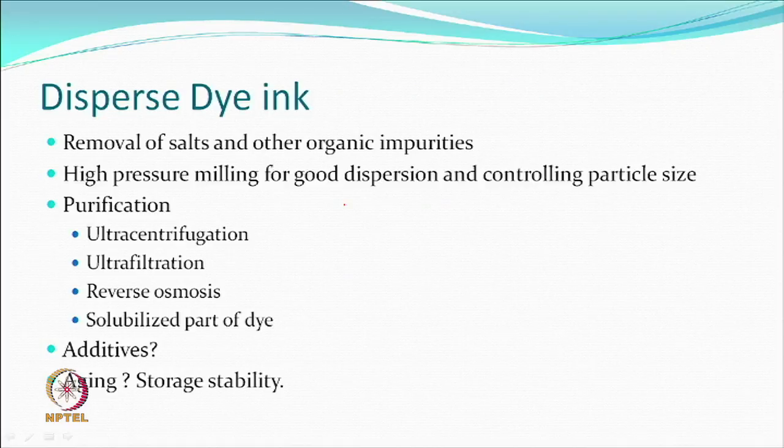Then it is not water soluble, and therefore you will be doing a lot of milling to reduce and control the particle size. That is an important part, and then remove everything else, keep the particles on one side, anything called a solubilized dye, maybe using ultrafiltration, reverse osmosis. You are going to be using all these techniques, therefore you are increasing the cost.